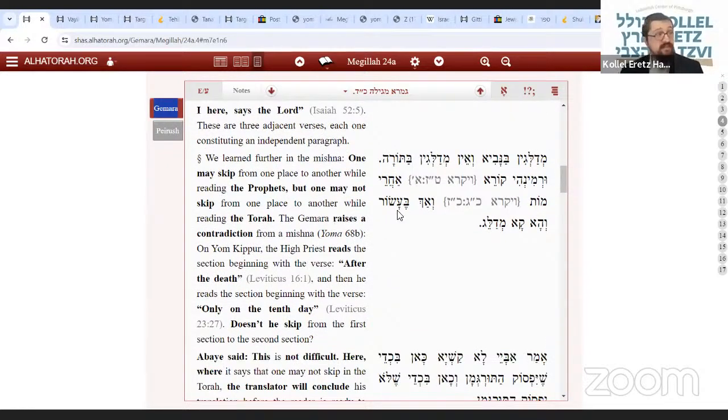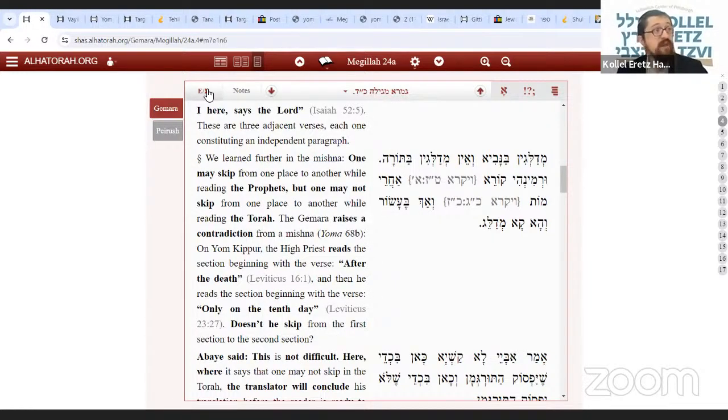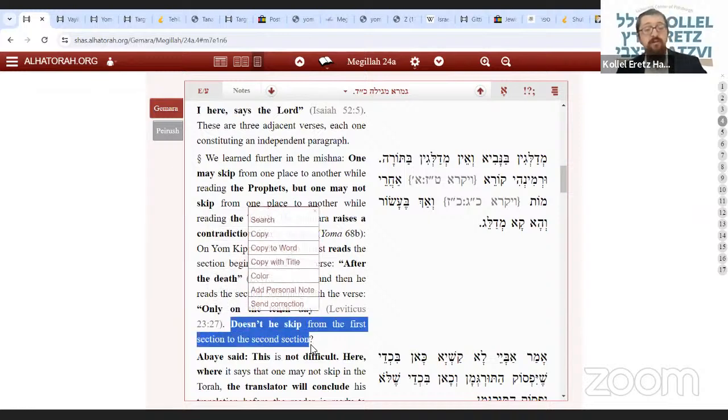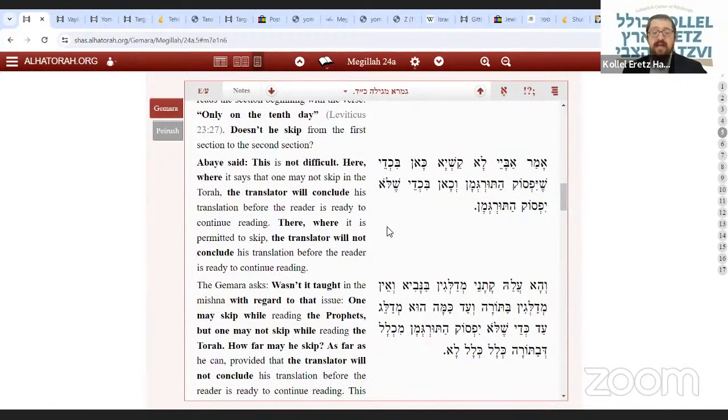He would read chapter 16 on Yom Kippur in front of everybody in the Beis Hamikdash, and then he would skip to chapter 23, and read about the holiday of Yom Kippur in the Torah. Isn't he skipping around? Didn't the Mishnah say that when you're reading the Torah, you cannot skip from section to section? How could he skip? Amar Abaye says, Lo kasha, it's not a difficulty. He is allowed to skip around.